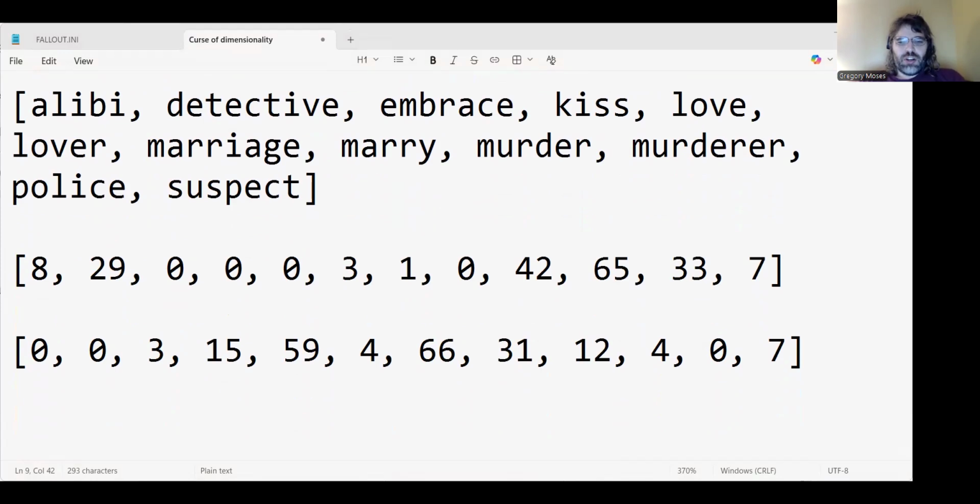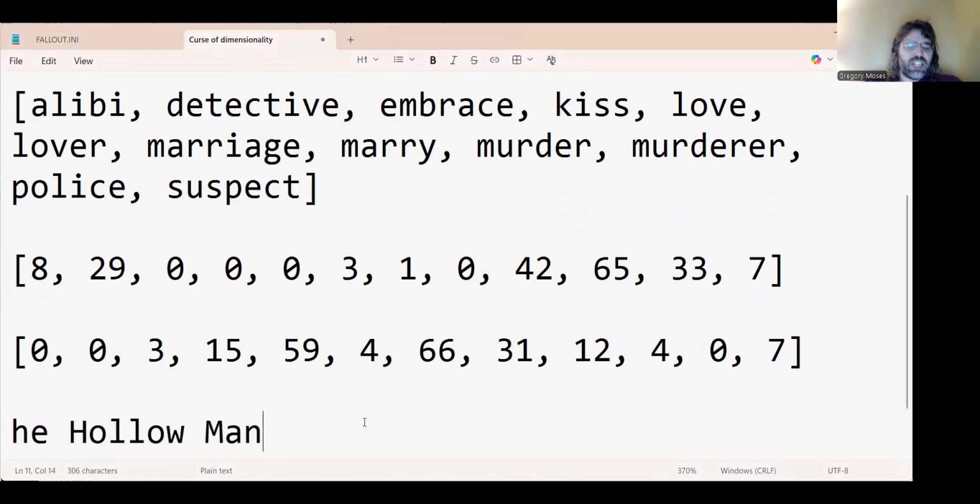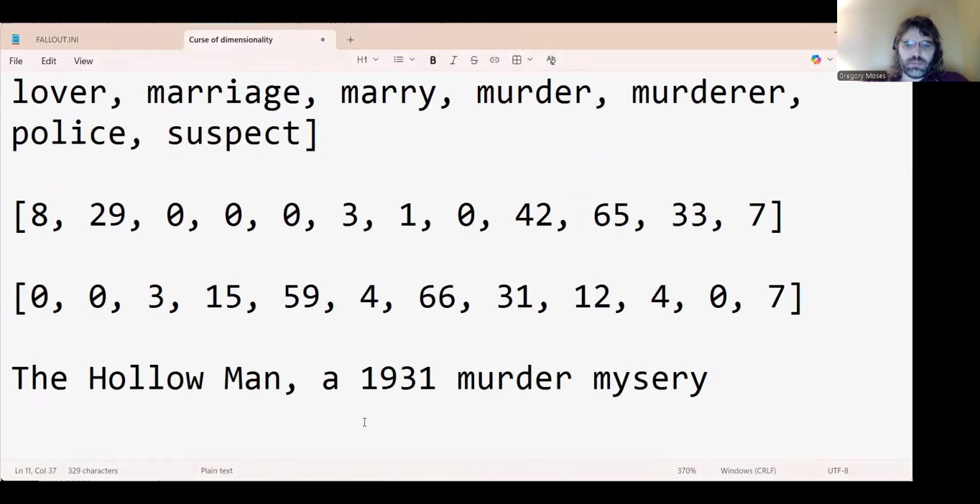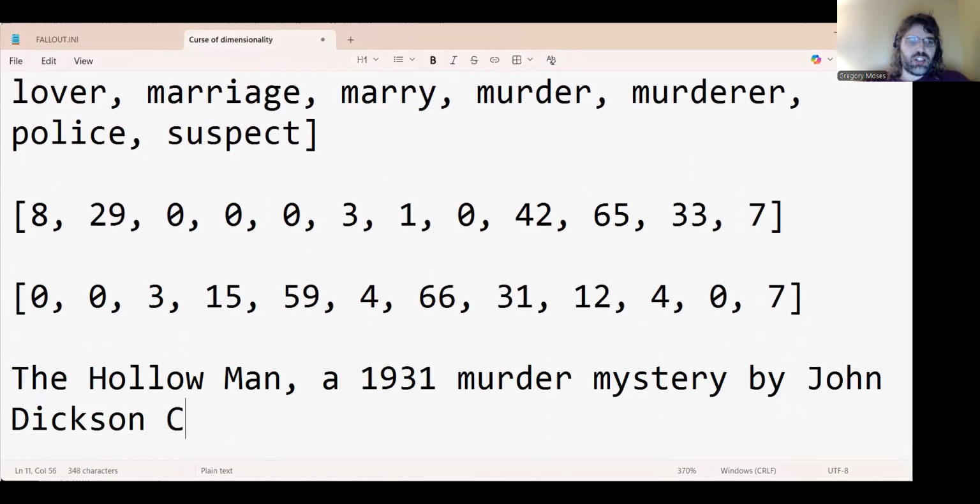So here is the game. One of these vectors represents a novel called The Hollow Man, a 1931 murder mystery by John Dickson Carr.